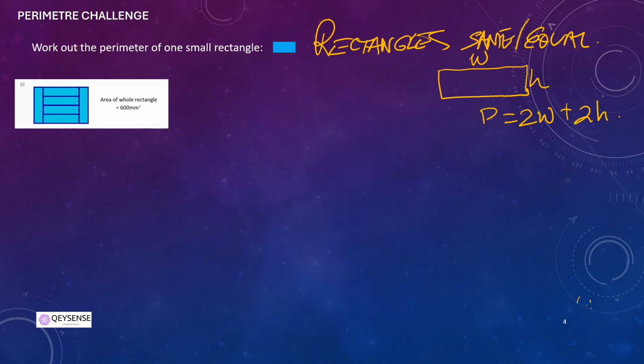So we can see a couple of things. So firstly, let's just label the height of these rectangles. So that's H. Each of these little heights here for these horizontal rectangles is H. The horizontal distance for these vertical rectangles is H as well.